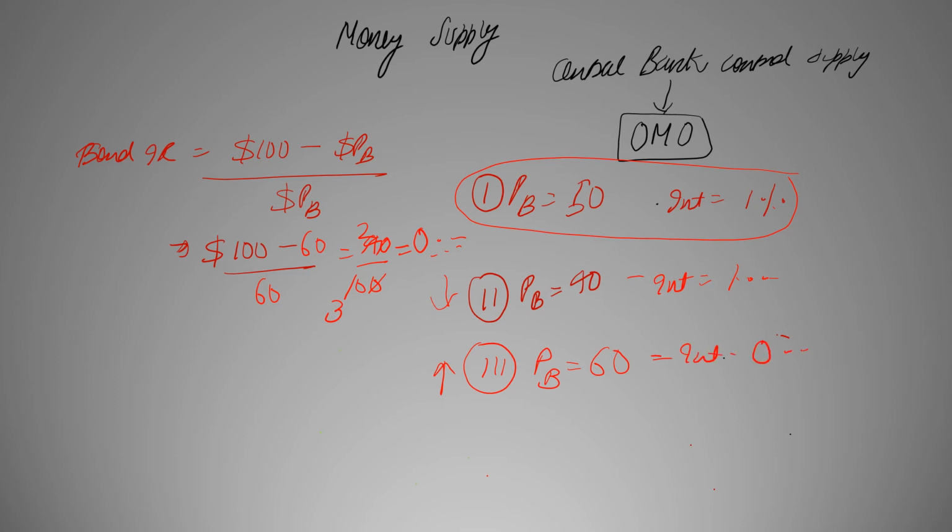So if you've noticed a trend, as the price of the bond increased, our interest rate declined, and when the price of the bond declined, the interest rate increased. So it gives us a very important result, which is that the price of a bond is inversely related to interest.